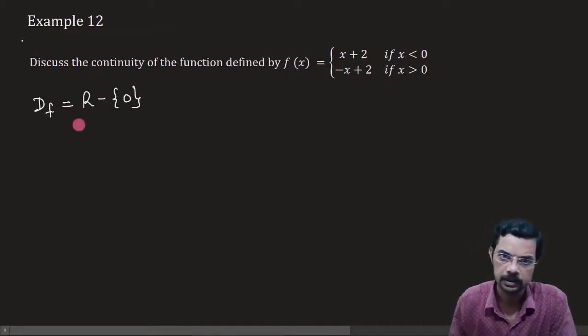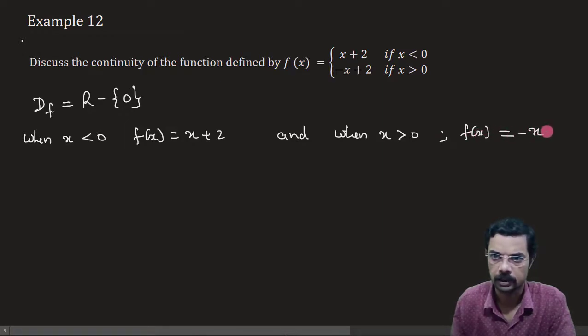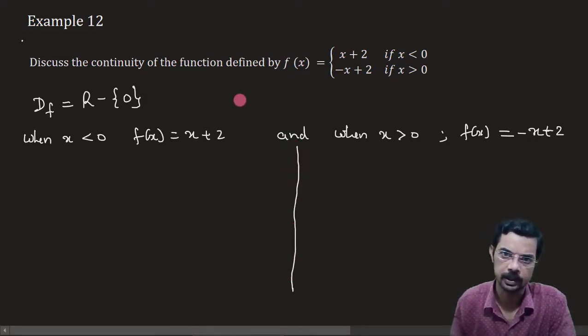When x is less than 0, f(x) is defined as x plus 2, and when x is greater than 0, f(x) is defined as minus x plus 2. These are actually nothing else but two polynomials. So let us check their continuities individually. We will not check at the point x equal to 0 because it is not there in the domain itself.